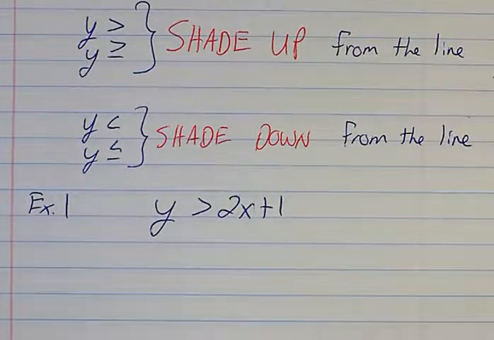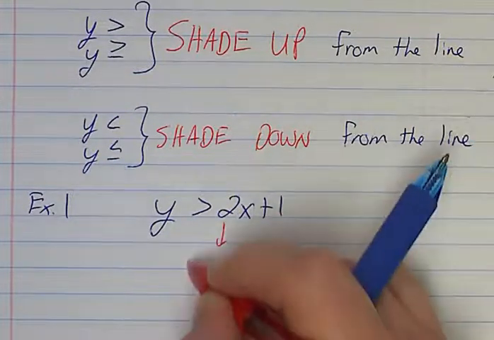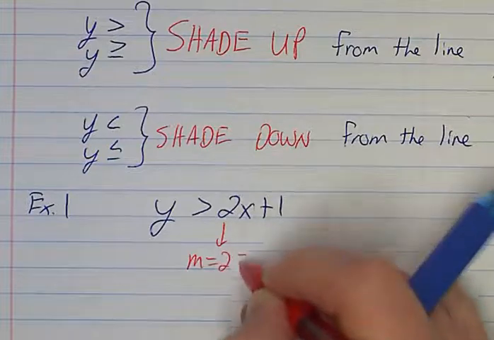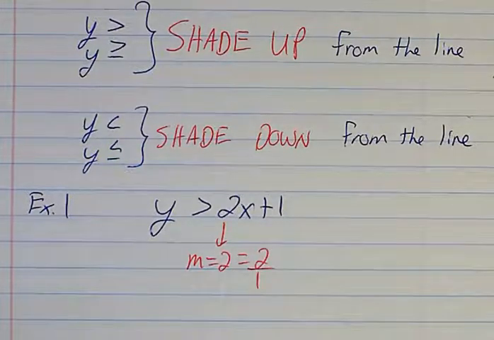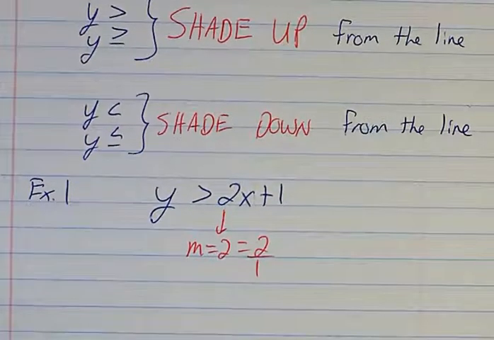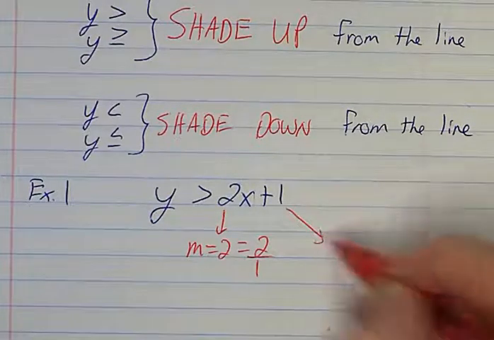Okay, for this problem, your slope in this case is 2. Which again, we need as a fraction because we need to know how much to move up and over. That's 2 over 1. And your b value here is positive 1.